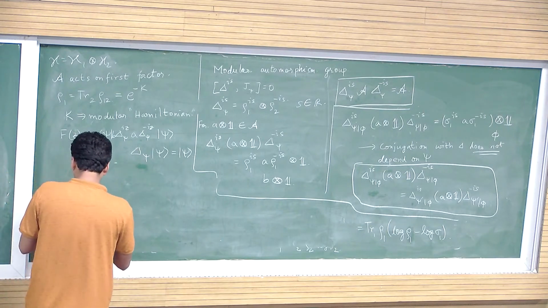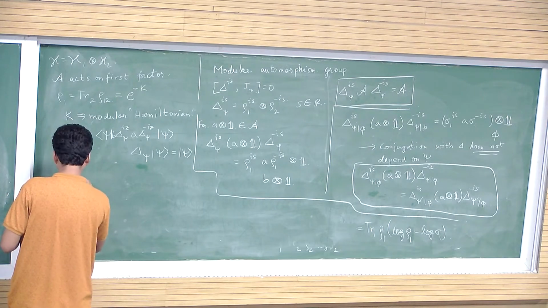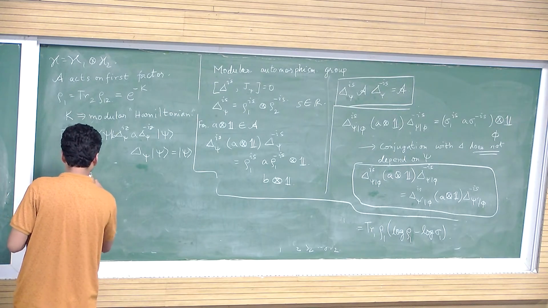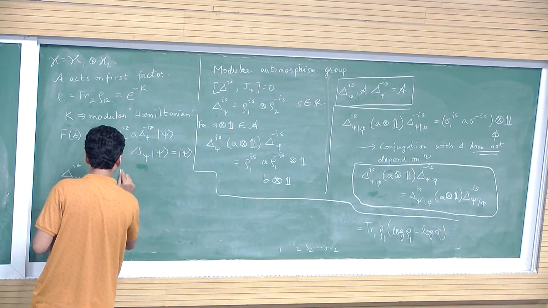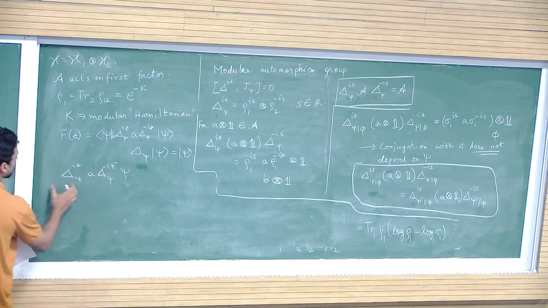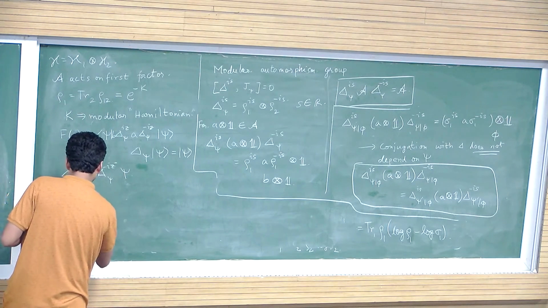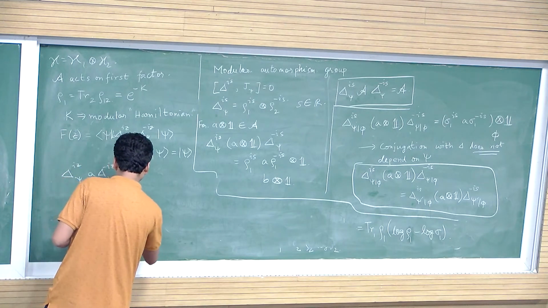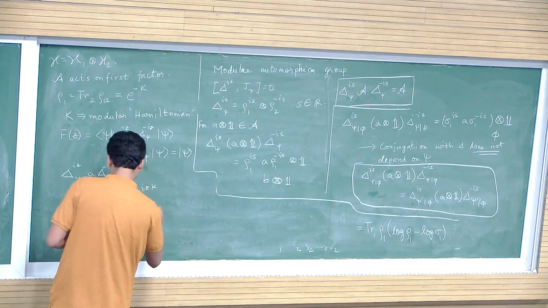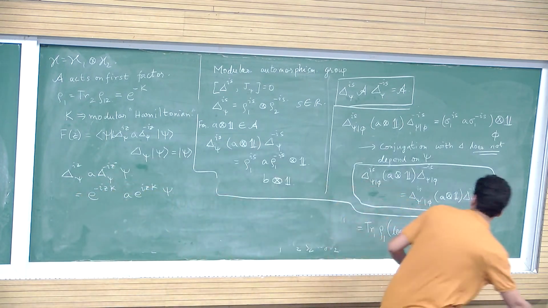So if you use this, f of z can also be equal to this, right? Now if this is the case, what you immediately see is that this sort of conjugation of A acting on psi is nothing but this.